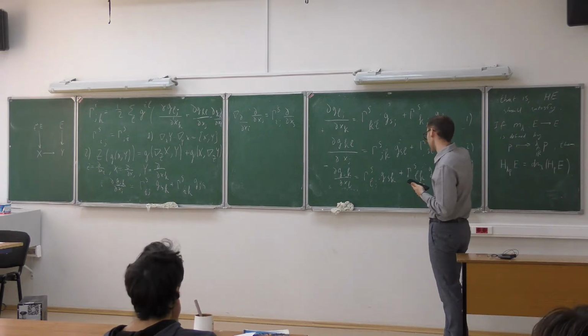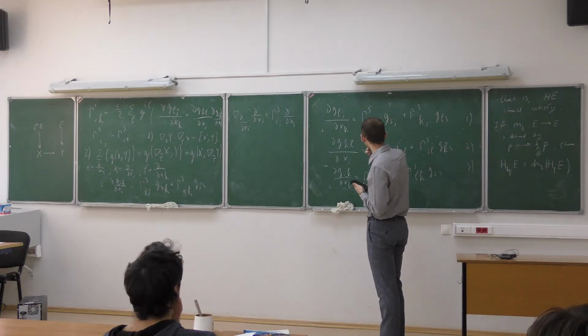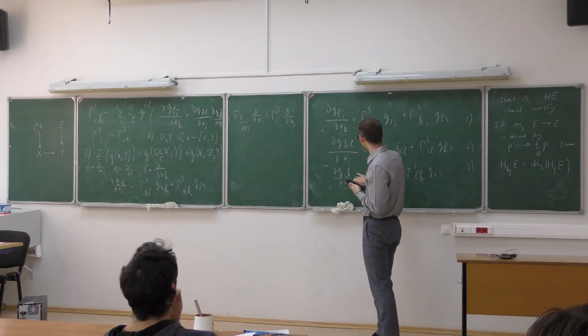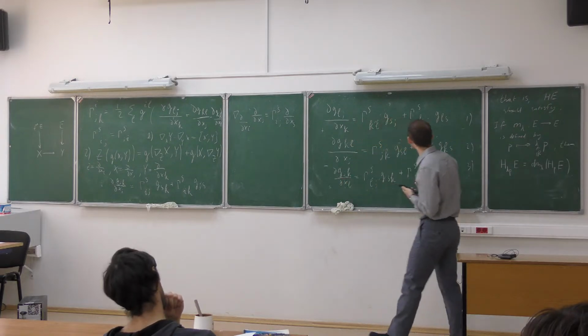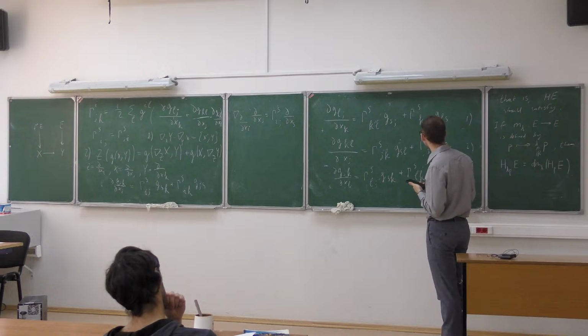So we will have only the sum of these three on the right hand side, and the sum of this, which are the same.